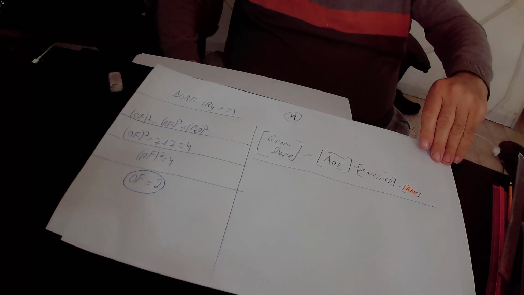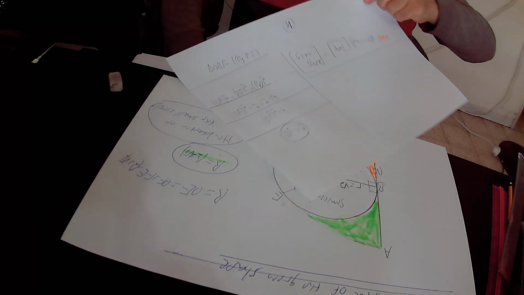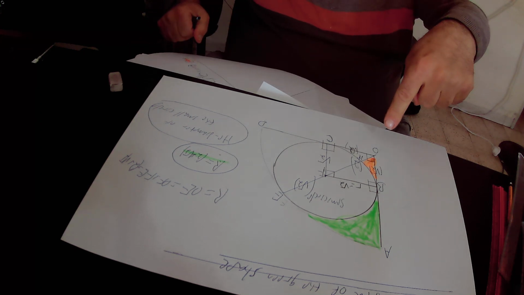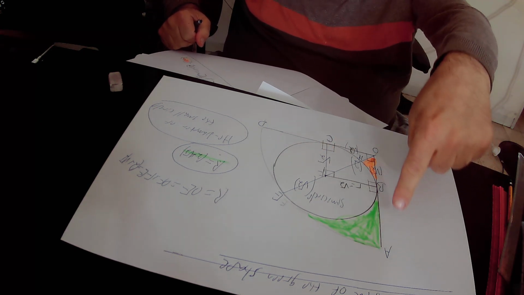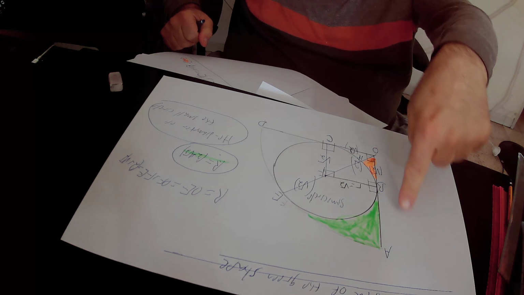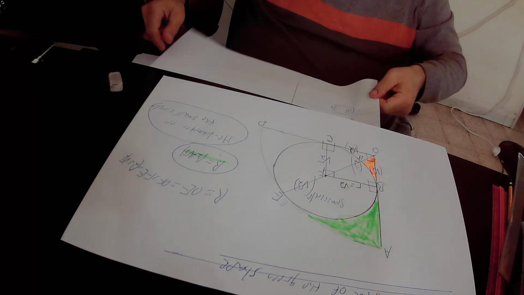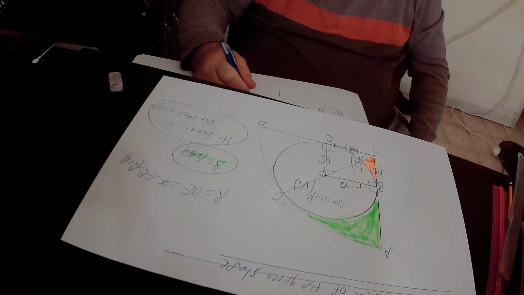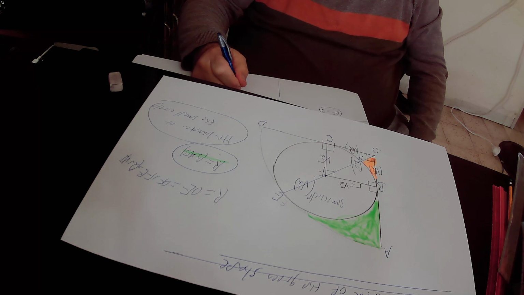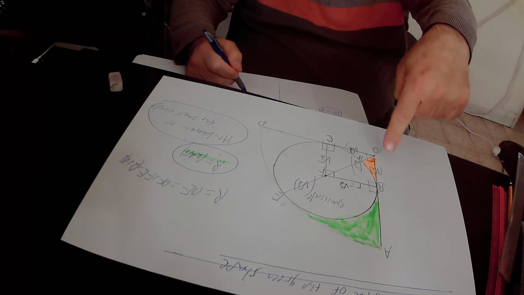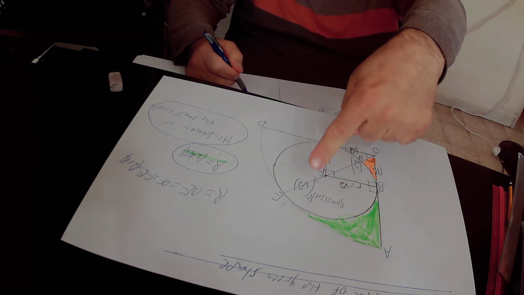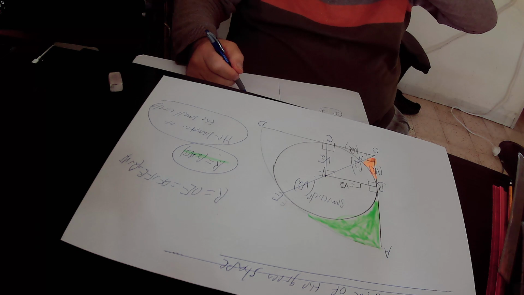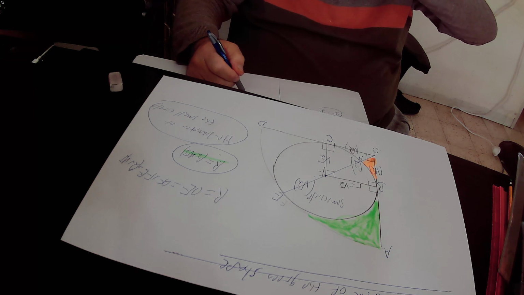So what is the area of the big sector AOE? The area of this big sector AOE equals pi times capital R squared.